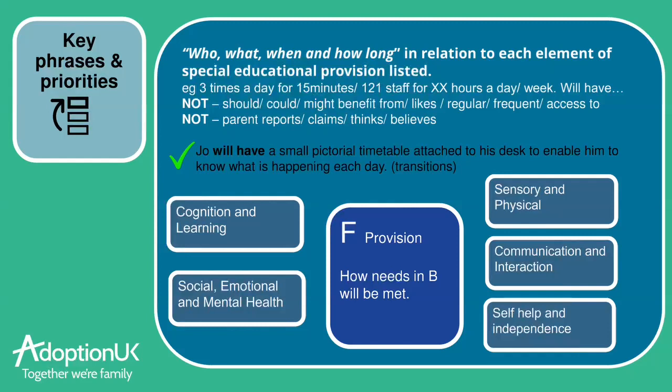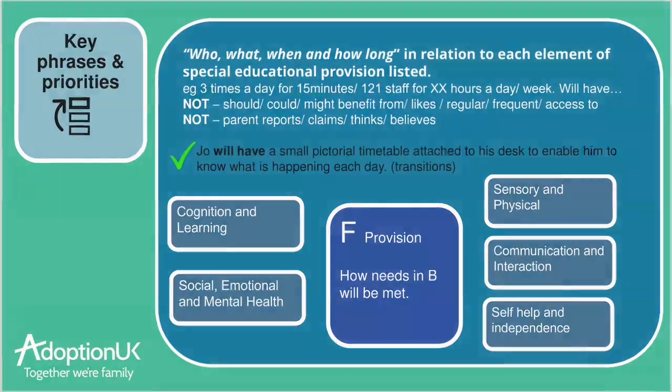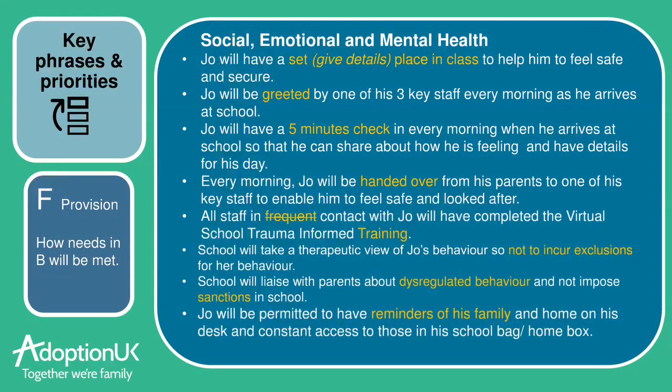Okay. So let's take a look at these five different areas and unpick some key wording for you to use. Now, as I said earlier, lots of words. I've highlighted it in orange, the subject of that suggestion.